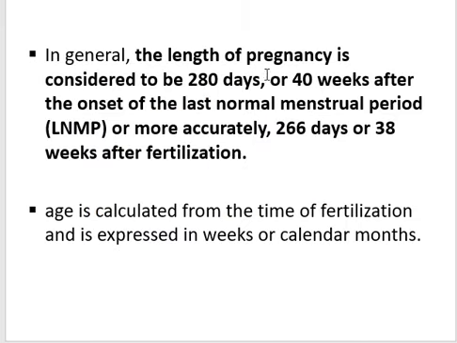In general, the length of pregnancy is considered to be 280 days or 40 weeks after the onset of the last normal menstrual period. Or more accurately, you can say 266 days or 38 weeks after fertilization.